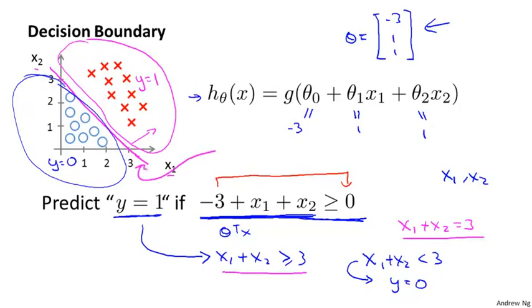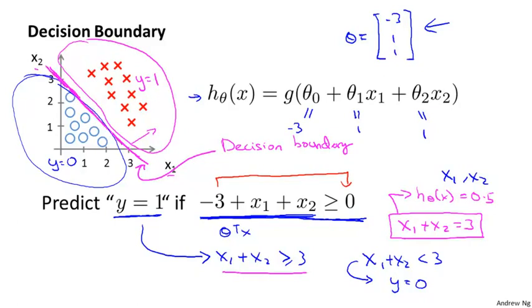This line is called the decision boundary. And concretely, this straight line, x1 plus x2 equals 3, that corresponds to the set of points where h of x is equal to 0.5 exactly. And the decision boundary, that is this straight line, is the line that separates the region where the hypothesis predicts y equals 1 from the region where the hypothesis predicts that y is equal to 0.